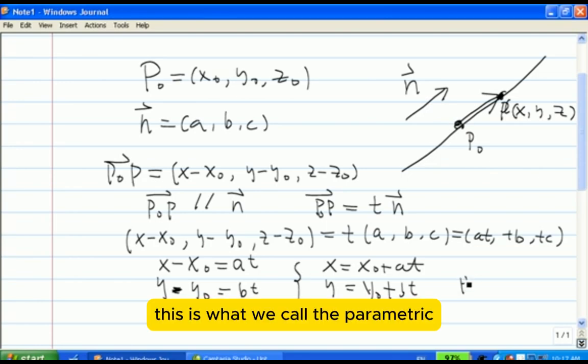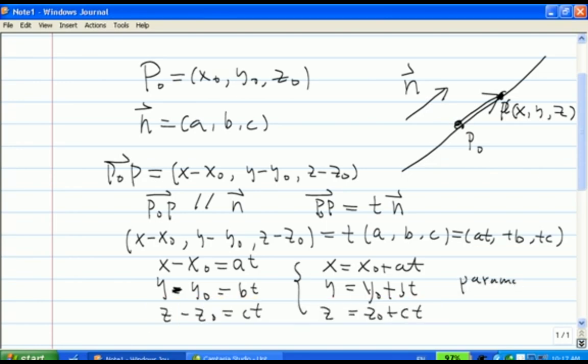This is what we call the parametric equation of a line.